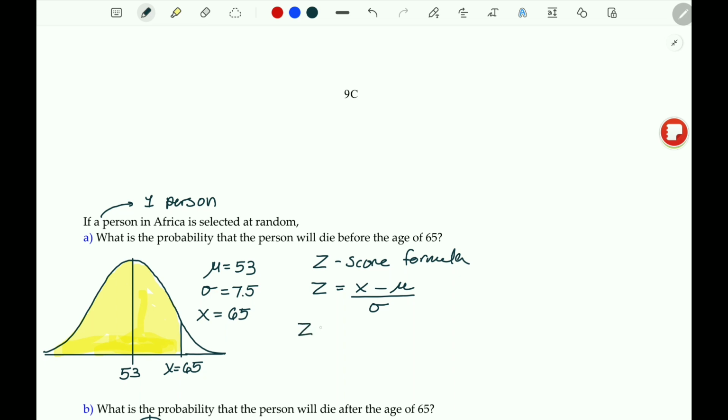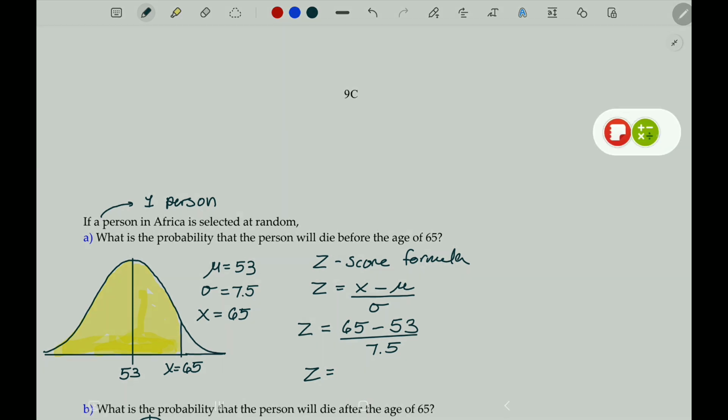So Z is equal to 65, which is the age under examination, minus the mean of 53, divided by the standard deviation of 7.5. All z-scores should be rounded to two numbers after the decimal.